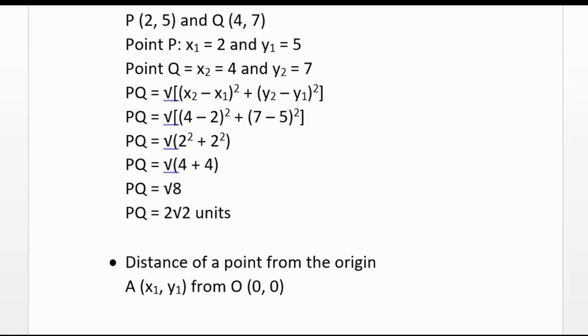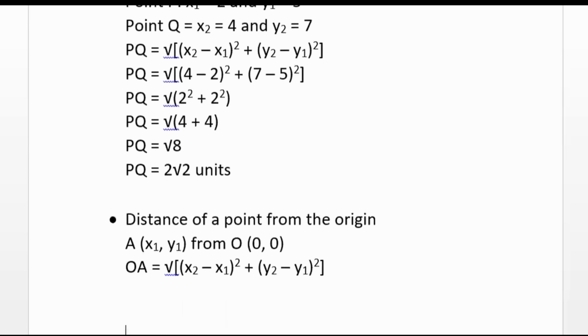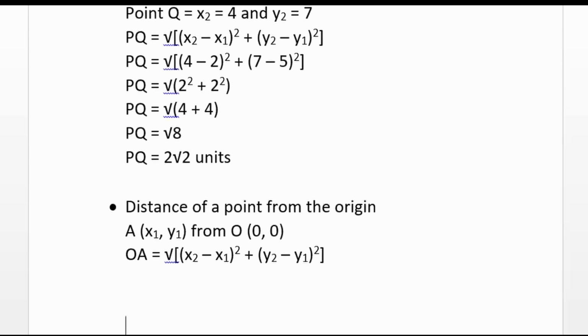We start with the distance formula, square root of (x2 minus x1) whole square plus (y2 minus y1) whole square. So distance OA is equal to square root of (x2 minus x1) whole square plus (y2 minus y1) whole square. Here we have assumed the coordinates of point A as x1, y1.